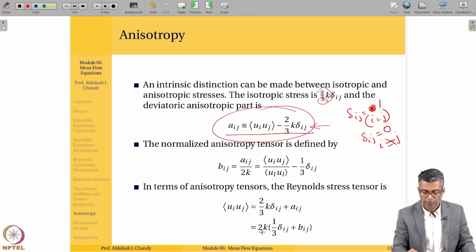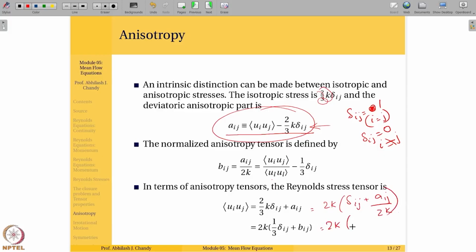And then I factor out a 2K, and then I have delta Ij plus Aij over 2K, which is 2K times delta Ij plus Bij, isn't it? So now what I have done is I have written the Reynolds stress tensor as 2K delta Ij plus Bij. The 2K delta Ij comes about as the isotropic part, and this is obviously a normalized version of the anisotropic tensor.